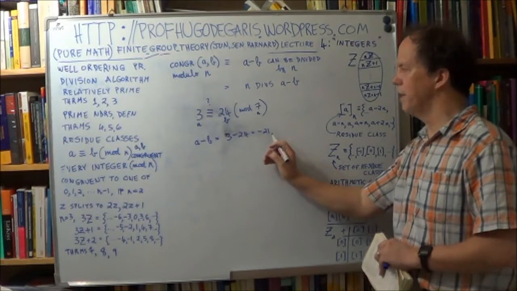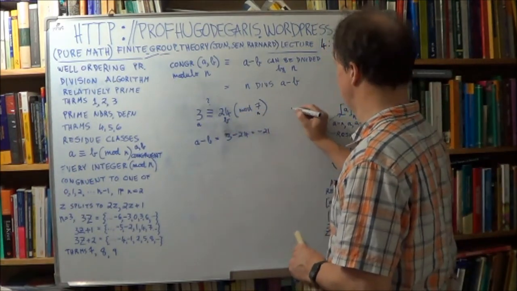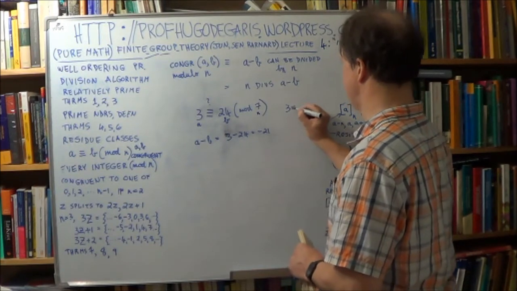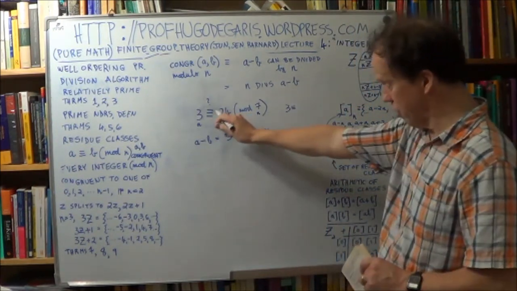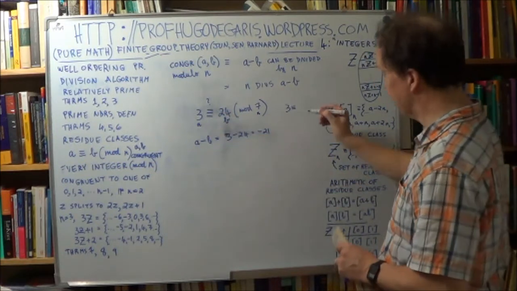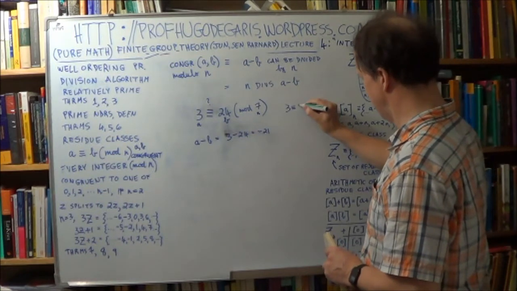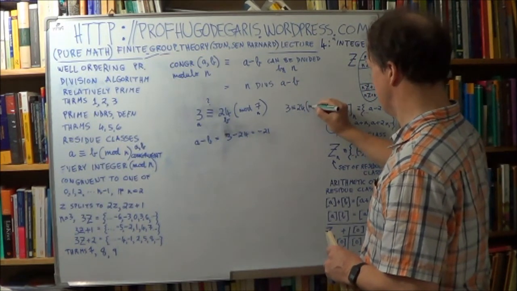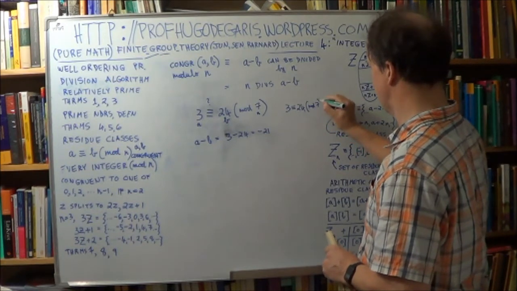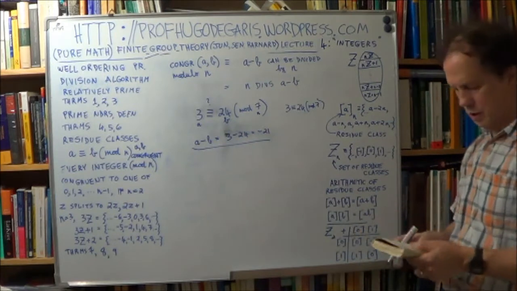Now does 7 divide minus 21? Yes, it does. Therefore, using the 3 bars of the textbook author, of Barnard, 3 is congruent to 24 mod 7. That is the case. Okay, now let's quickly do a few others.